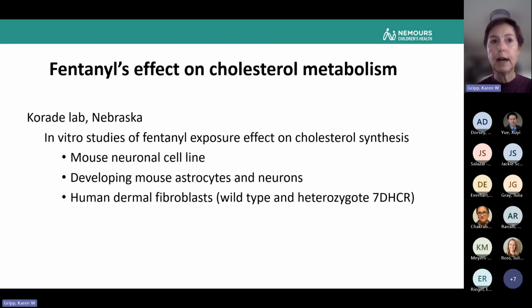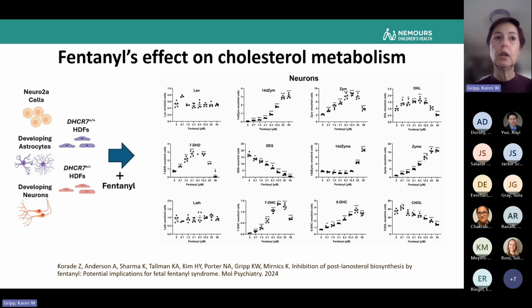And these human fibroblasts were either from typical individuals or from parents of a child with Smith-Lemli-Opitz syndrome. So this was a parent who had one of their 7-DHCR genes not functioning.